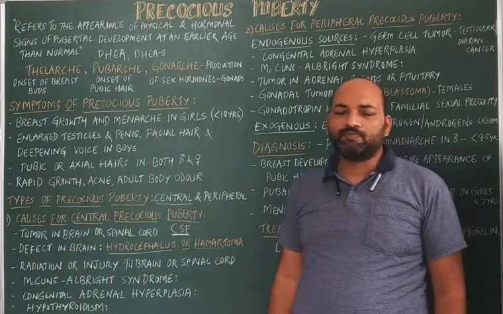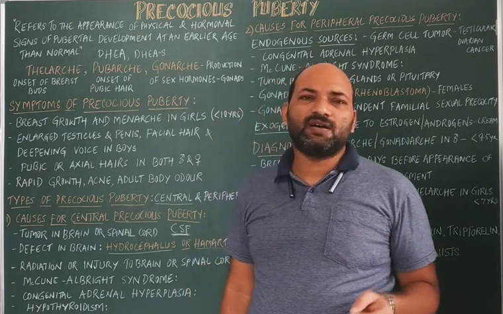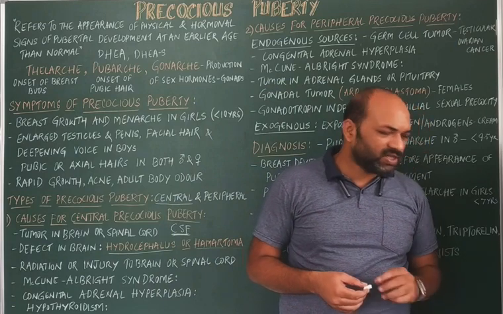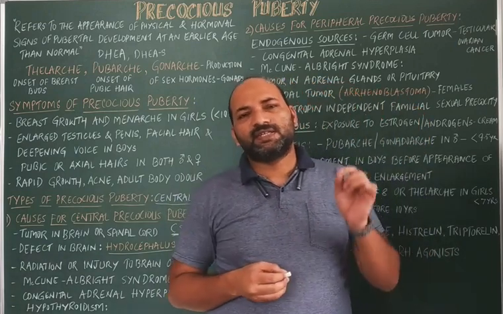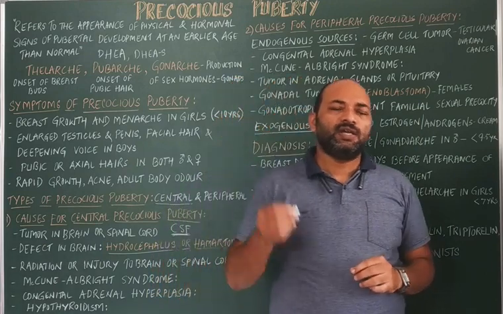McCune-Albright syndrome. McCune-Albright syndrome basically occurs because of a mutation in the GNAS gene.